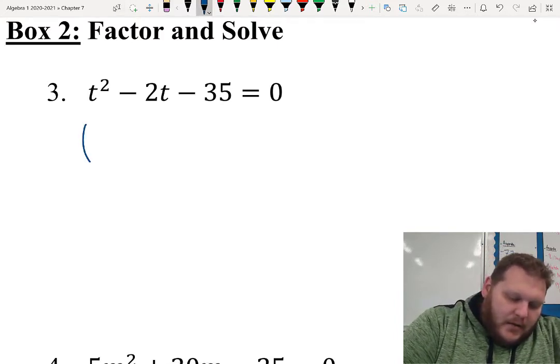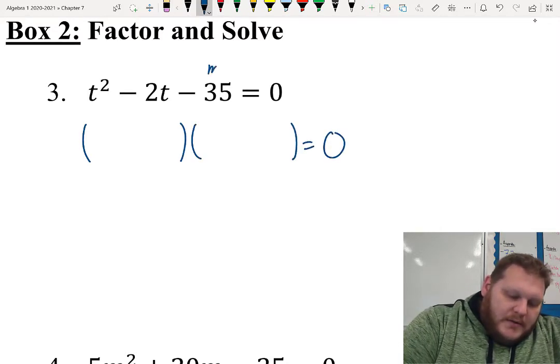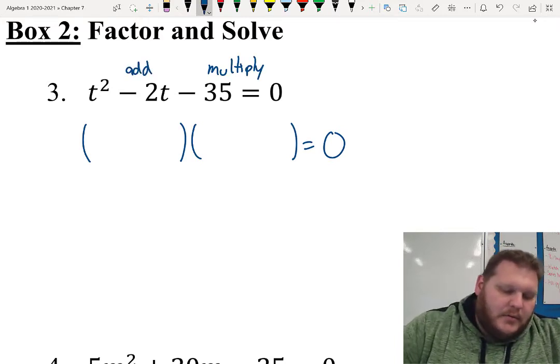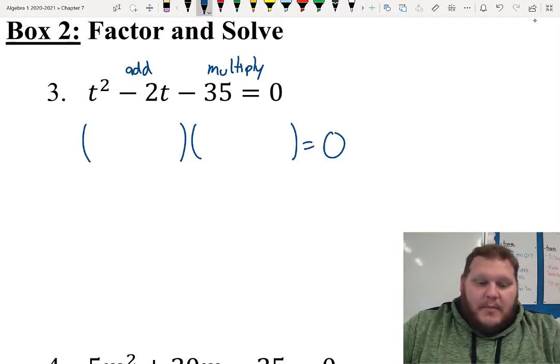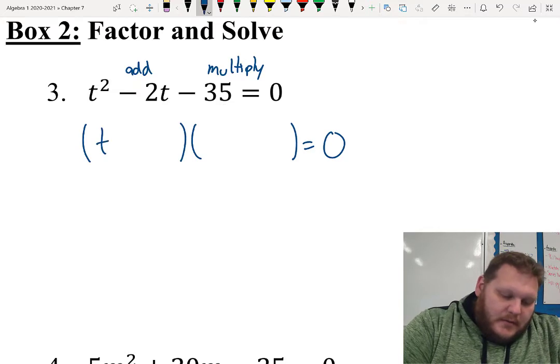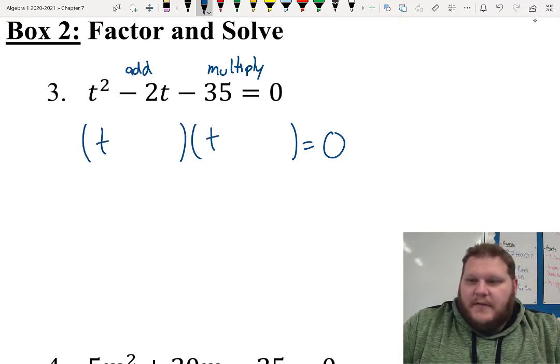For my 2 parenthesis factoring, I'm trying to figure out what 2 things multiply to give me my last term, my c value, but add up to my middle term, my b value. I know that my first thing in each of those parentheses is going to be a t and a t, but now I need to figure out the rest.